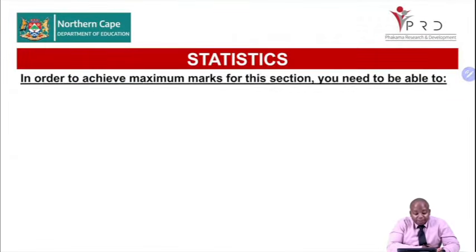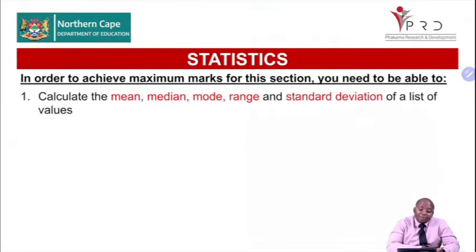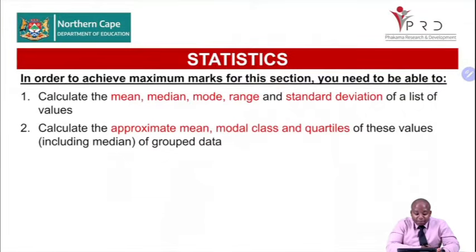Now, statistics. In order for you to achieve maximum marks for this section, number 1, you must be able to calculate the mean, the median, mode, range, and standard deviation of a list of values. Number 2, you must be able to calculate the approximate mean, modal class, and quartiles, including the median, of grouped data.